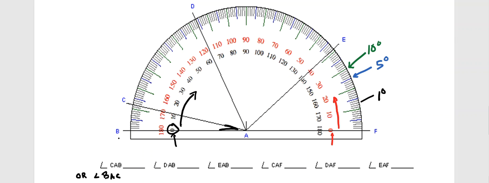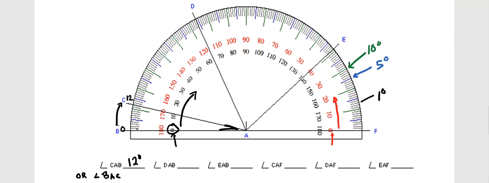So when I start at B and I start moving my way to C, I start at 0 and I end at, well, there's 5, that's 10, and there's 2 more tick marks. I end at 12 degrees. So all I'm looking at is my angle being the difference of 12 and 0, which is simply 12 degrees.